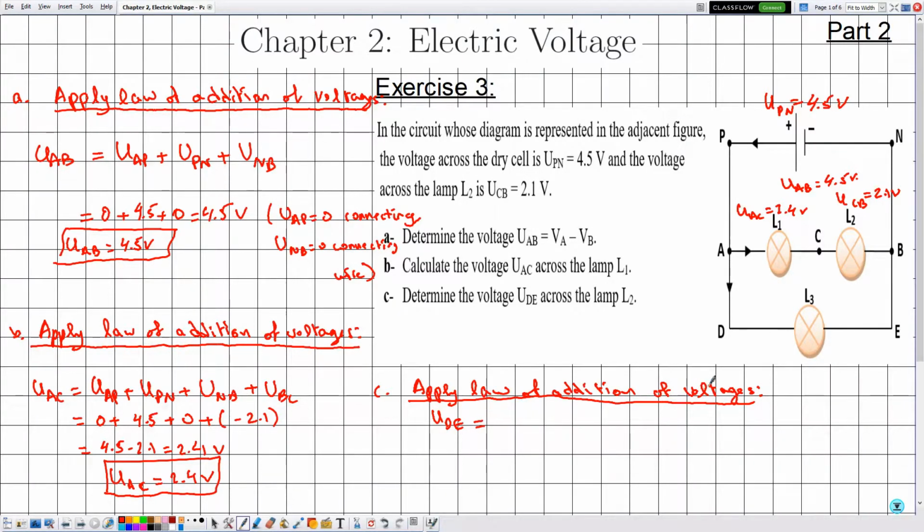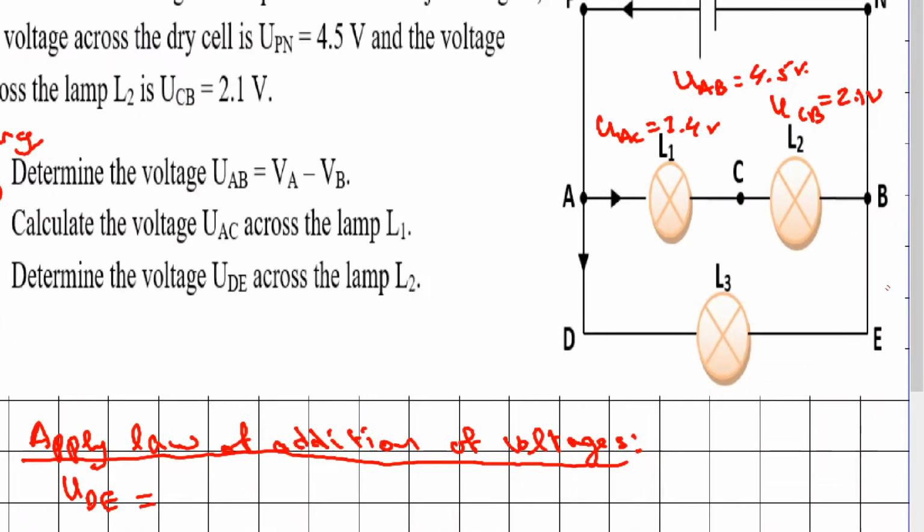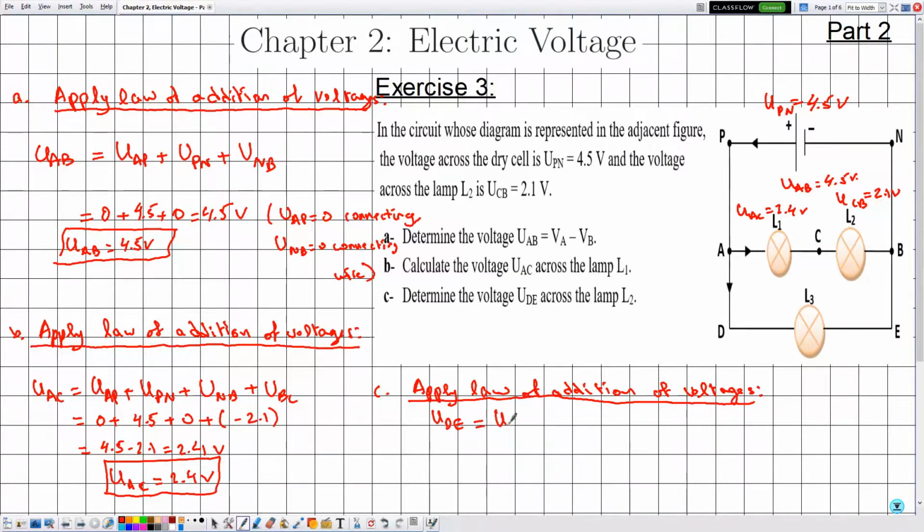And on the other side of this equation we go from D to E. So we will go from D to the point A, directly to B because we know the voltage UAB to be given by 4.5, and from B back to E. So let's say UDA plus UAB plus UBE.